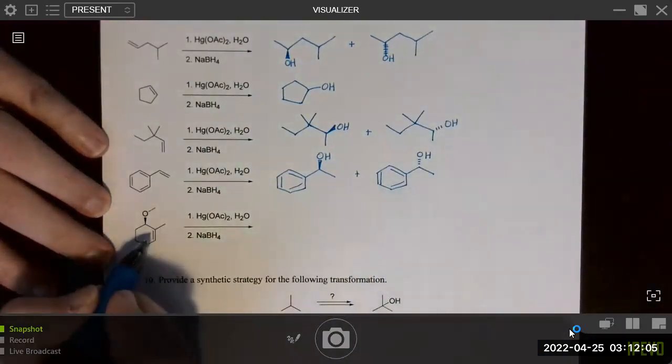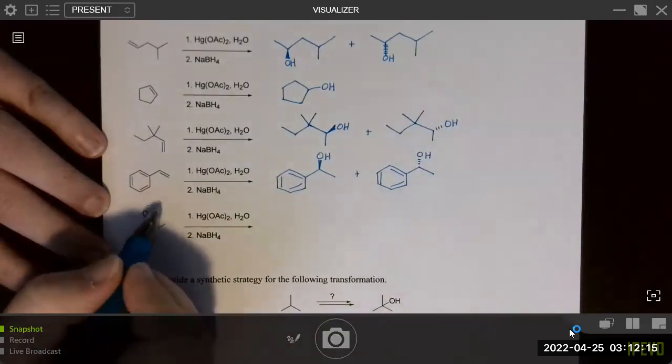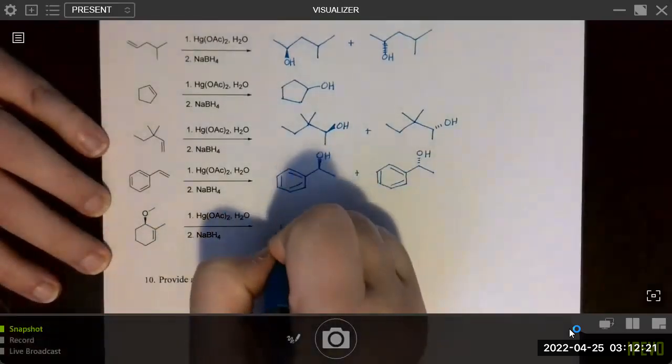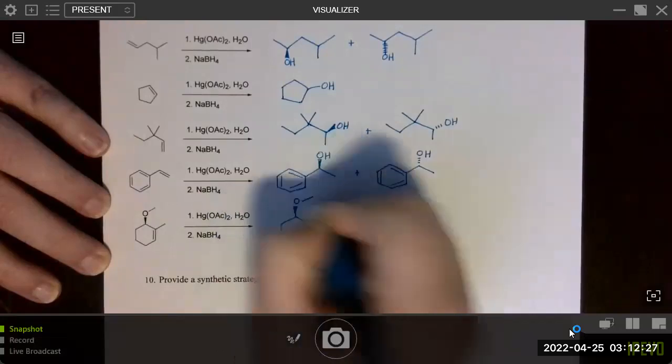Lastly, here's our pi bond. The OH will end up on the more substituted carbon. That will become a stereocenter, so we want to make sure to draw that. This one is just there, and it's not being touched, so it just stays in the product. So that one does not change. You can just draw that in exactly as it is.